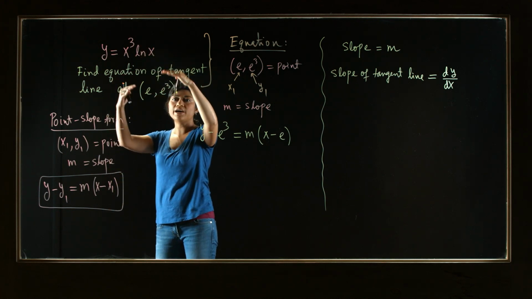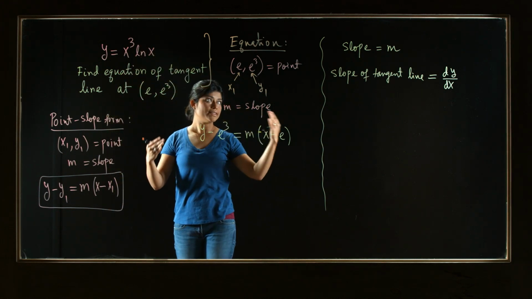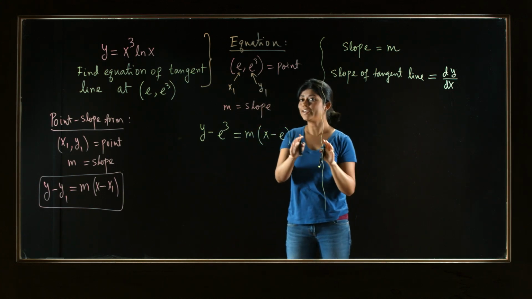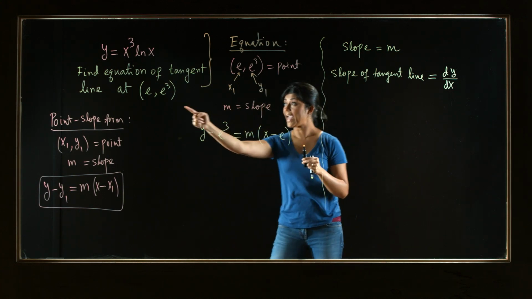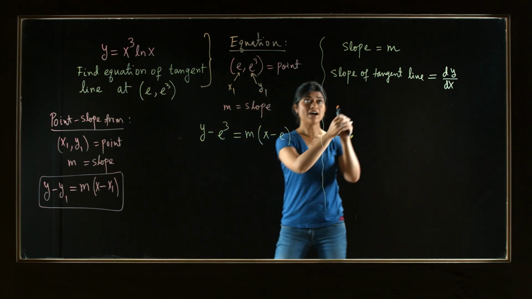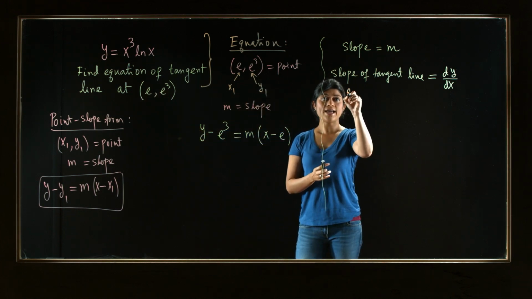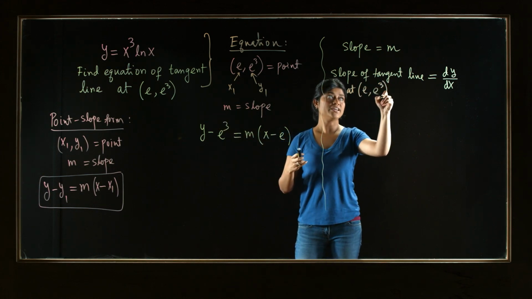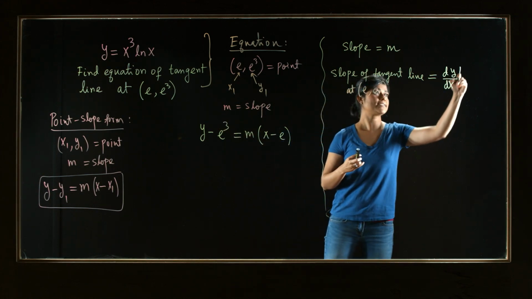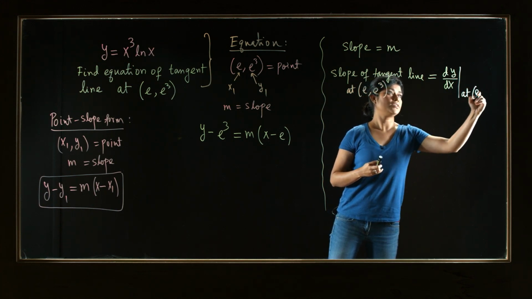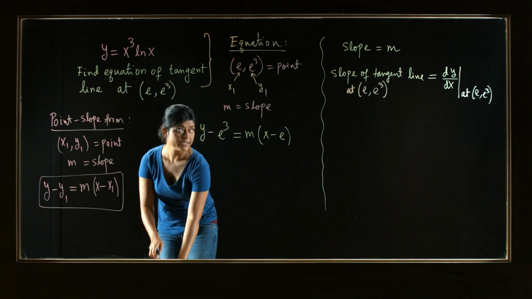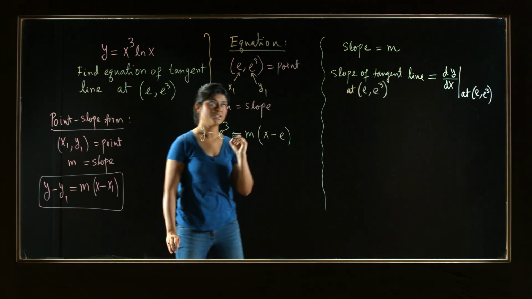We just have to evaluate its derivative. But remember, it's not any slope. It is the slope at this point, (e, e cubed). Therefore, we have to compute dy/dx at (e, e cubed).